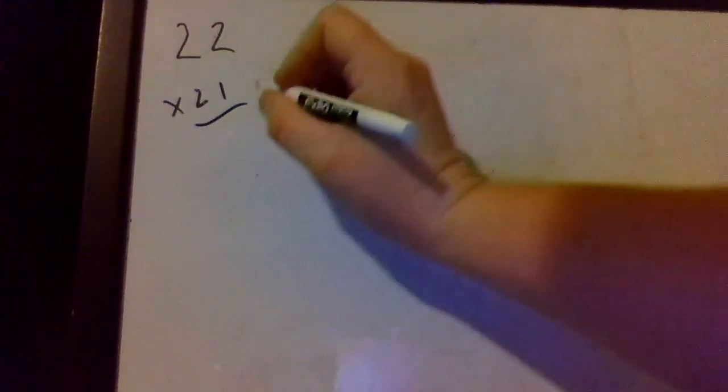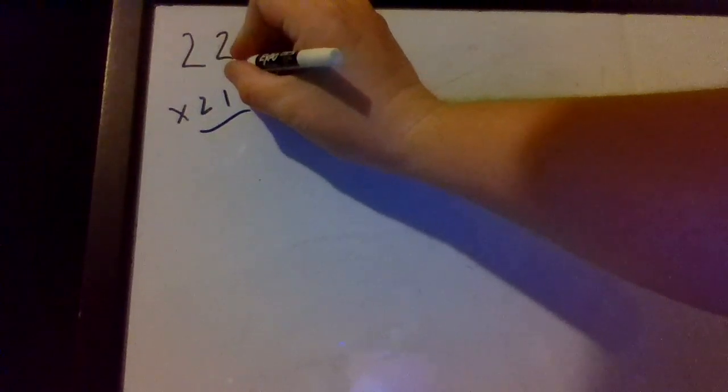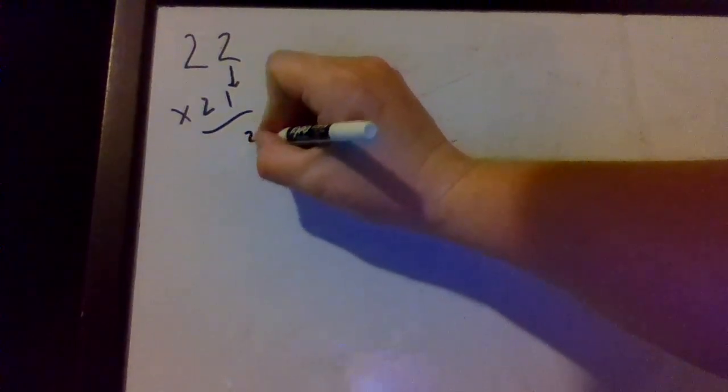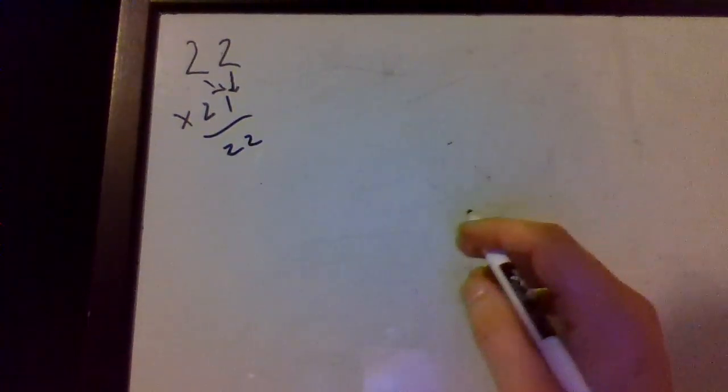So, first I'm going to show you the standard way, which is how I learned growing up, and I'm sure many of your parents did. So, we're going to go here first. 2 times 1 is 2, and 2 times 1 is 2. So, our first line is 22.